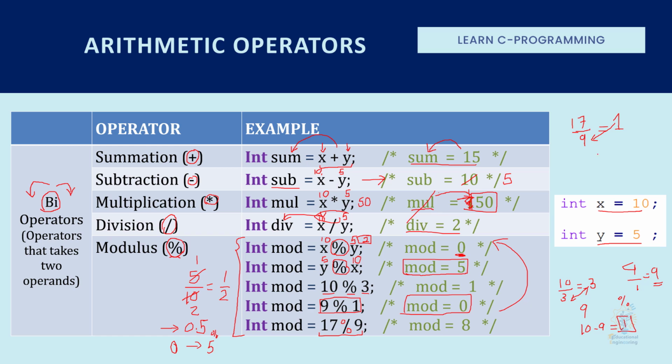Now 1 multiplied by 9 equals 9. So 17 minus 9, the remainder will be 8. This is the remainder, and this is the division. And as you can see here, mod equals 8.